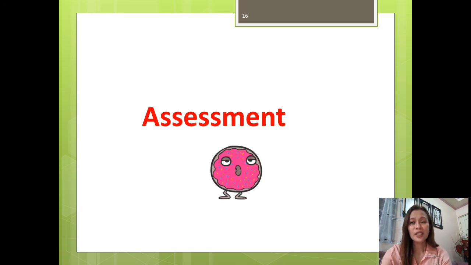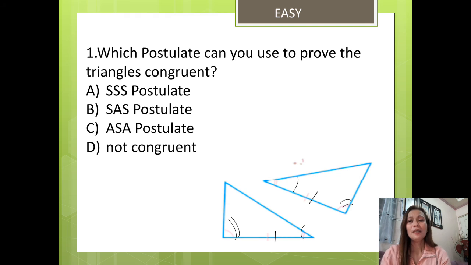First question for easy. Which postulate can you use to prove the triangle is congruent? Refer to the given figures using the identical marks. Is it letter A, SSS, letter B, SAS, C, ASA, or D, not congruent?